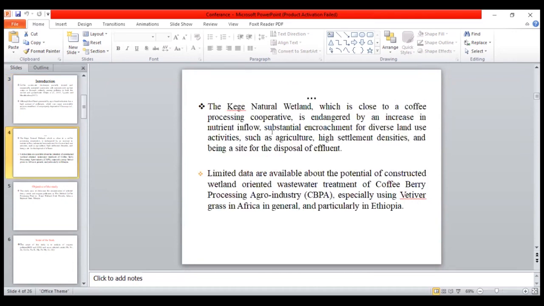And the Kage natural wetland, which is close to the coffee processing cooperative, is endangered by increasing nutrient effluence.